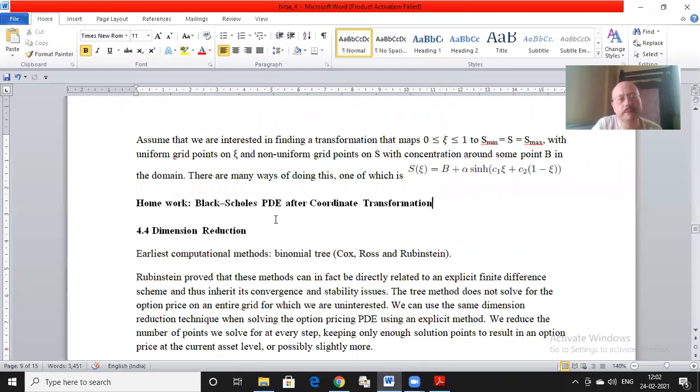So the homework is to study that coordinate transformation. It is not very complicated, but a little bit of algebraic detail. But if you go through that example, then the coordinate transformation and its usefulness will be clear.